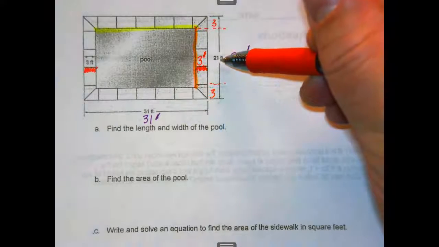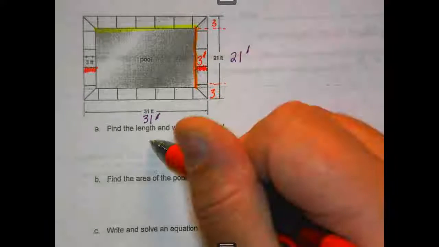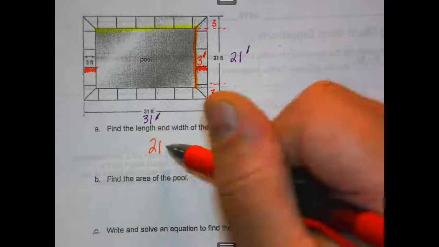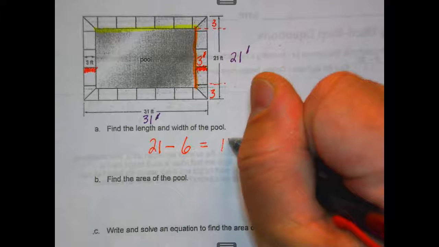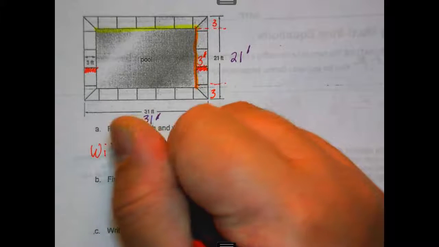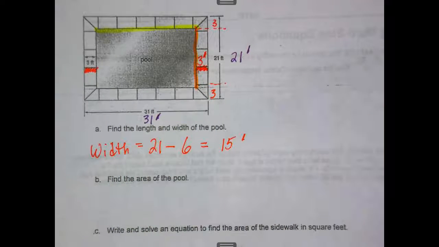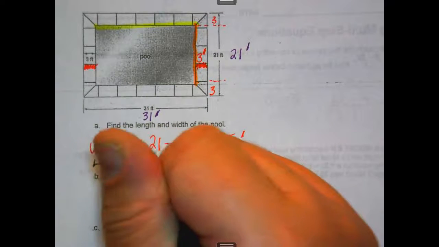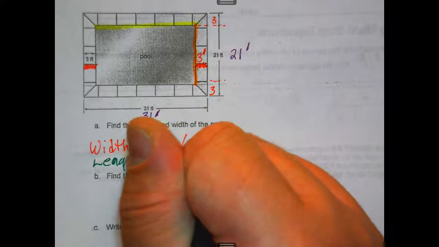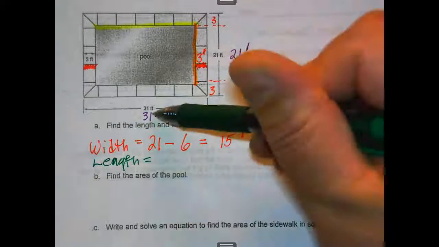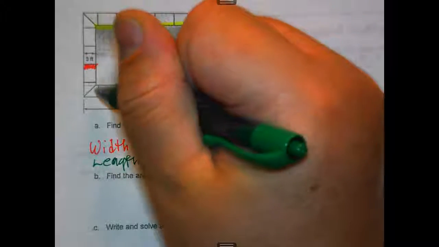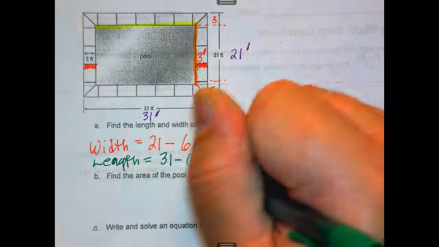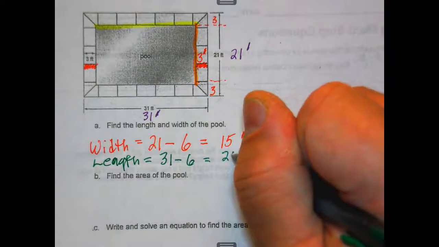So for the width, we take 21 and minus 6 feet for the sidewalk. That gives us 15 feet for the width. Now for the length, we have a total of 31 feet with the sidewalk, so we minus 6 feet, and we get 25 feet for the length.